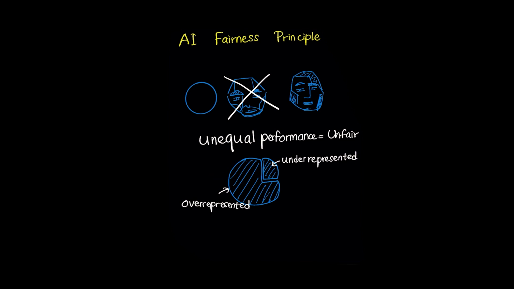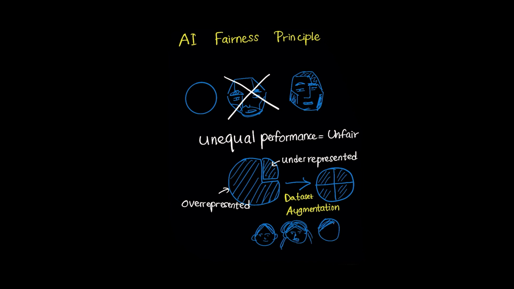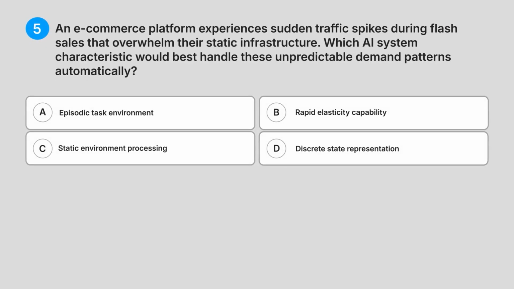Dataset augmentation specifically addresses this by artificially expanding the training data to include more diverse examples. This might involve adding images with different lighting conditions, angles, and importantly, ensuring representation across all demographic groups. By balancing the dataset, we teach the AI to recognize facial features universally, not just for specific populations.